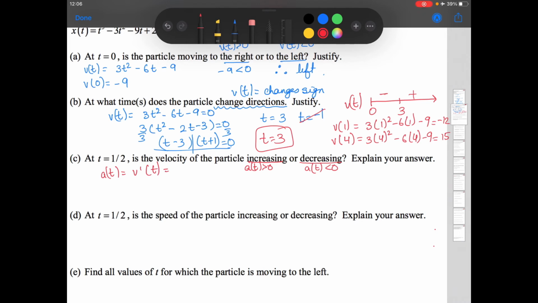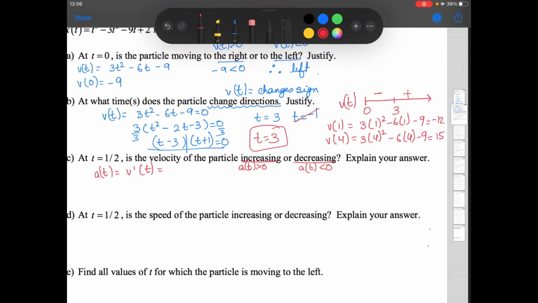So if I take the derivative of velocity, it would be what? 6, I'm just going to change colors here, 6t squared, 6t minus 6. So that is what my acceleration is, and I want to find it at t equals 1/2. So I'm going to just substitute t with 1/2.